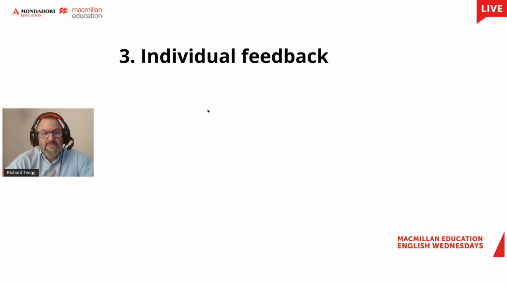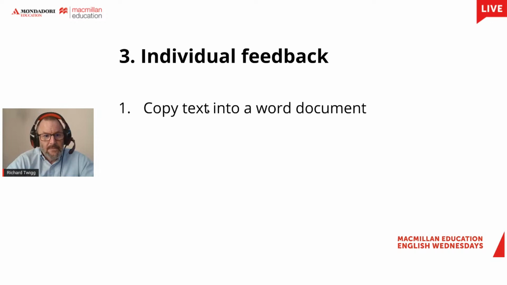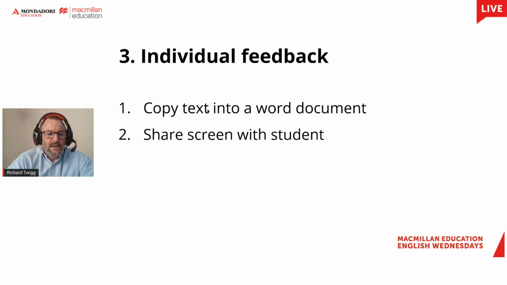Next thing we could look at is giving them individual feedback. So one way to do this is the students give you the text. Maybe we're teaching now online, so I can copy it straight into a Word document if they've sent it to me as an electronic version. I can then share the screen with my student if I'm teaching a one-to-one student, or I could use it as an example if I have a group of students.